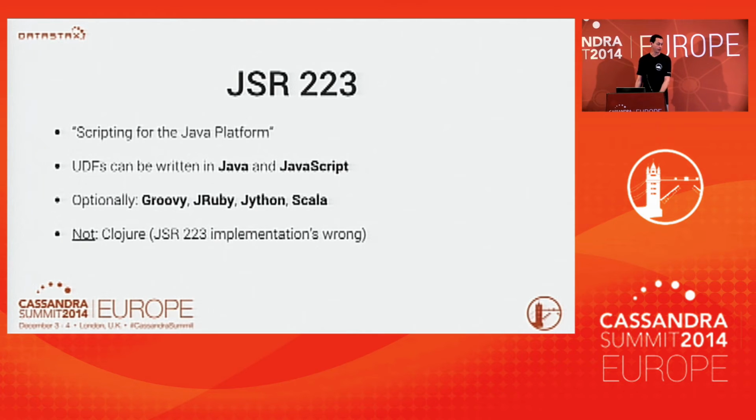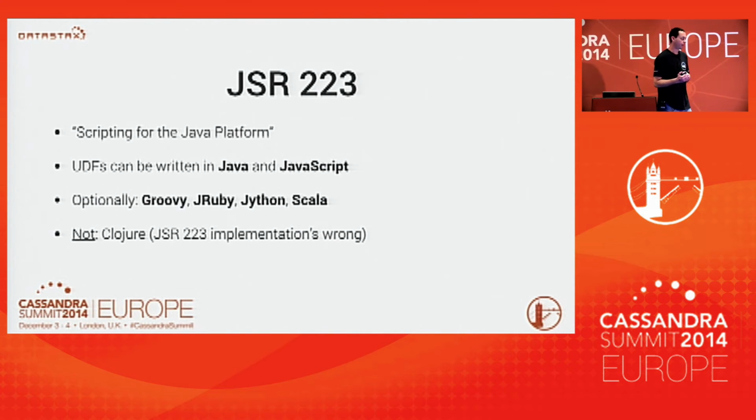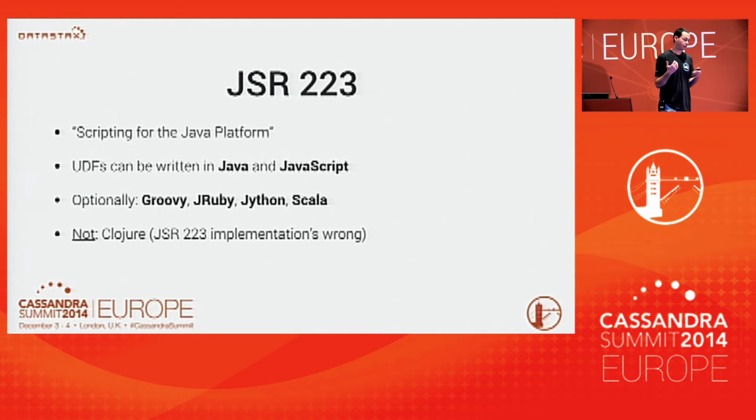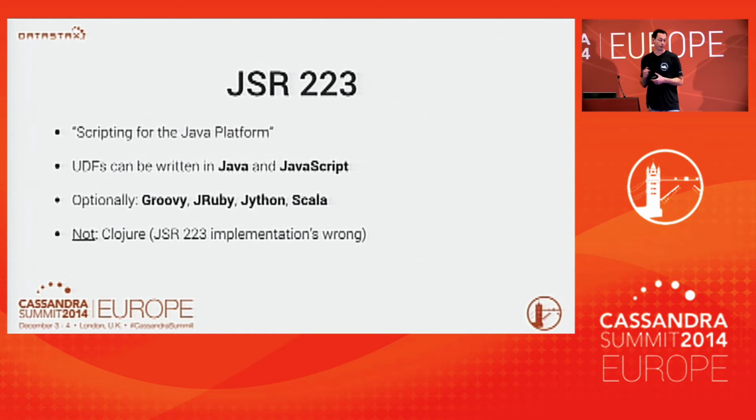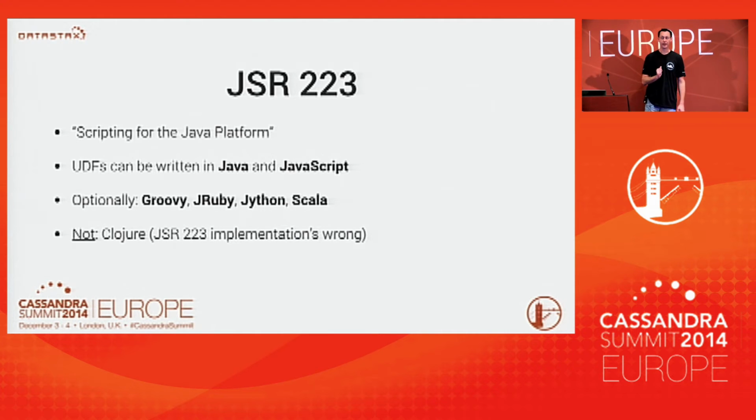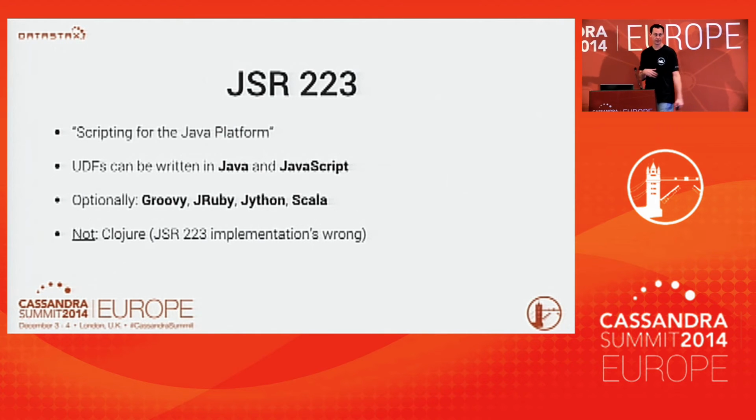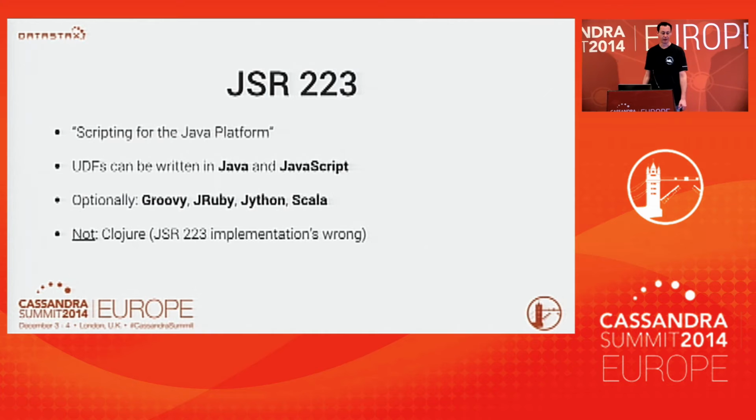It's JSR 223, scripting for the Java platform, so we basically used that. So you can write in Java, JavaScript, and even, if you want, install on your own support for Groovy, JRuby, Jython, Scala. Clojure is actually not working. It's not because of us, it's because of the implementation.